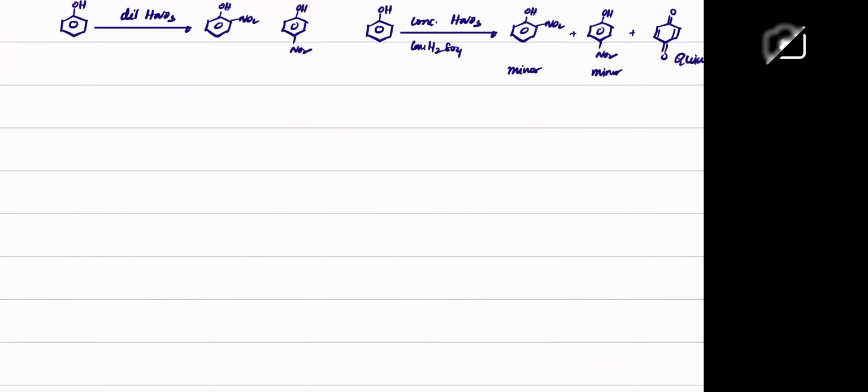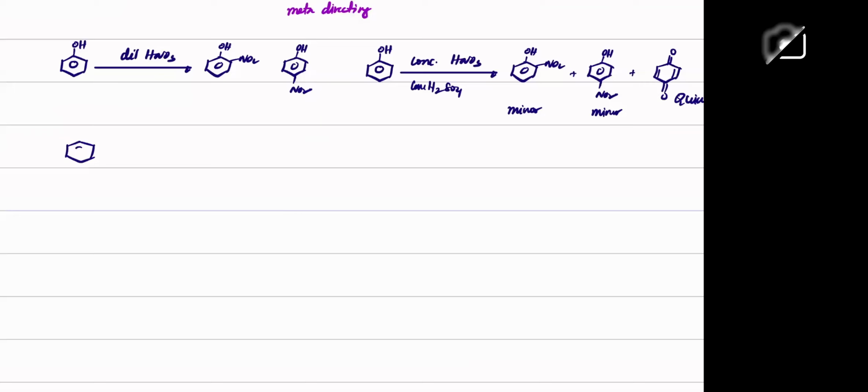For example, if you have phenol, you first add only concentrated H2SO4. It will give you sulfonation like this with SO3H. Even if you take excess, you will get it at two positions only, not at three positions.